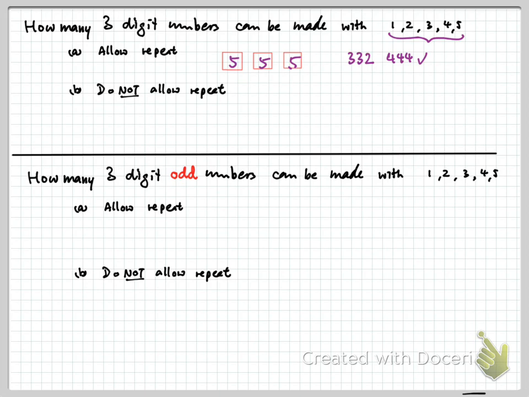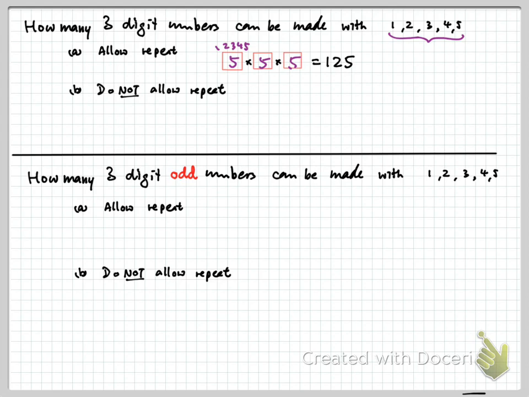For the first box, you have the choices 1, 2, 3, 4, 5, and so is the second box, so is the third box. So the answer is 5 times 5 times 5, which is 125. There are 125 different 3-digit numbers you can make with the digits 1, 2, 3, 4, 5 if you allow repeat.